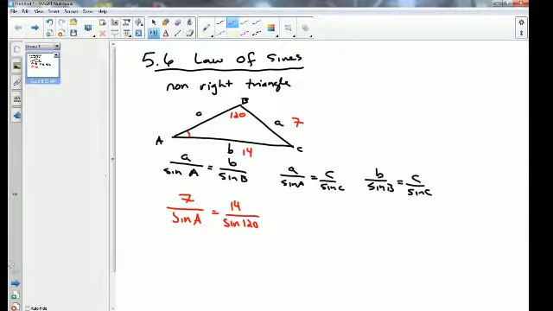You remember how to solve proportions? Cross multiply, divide. So we'd have, what's the sine of 120?